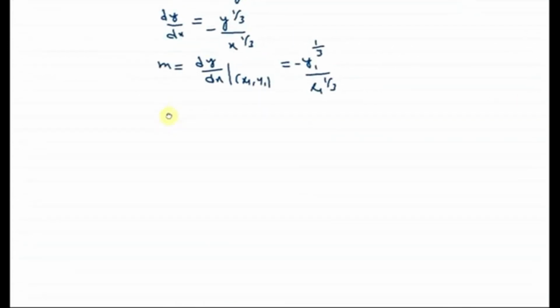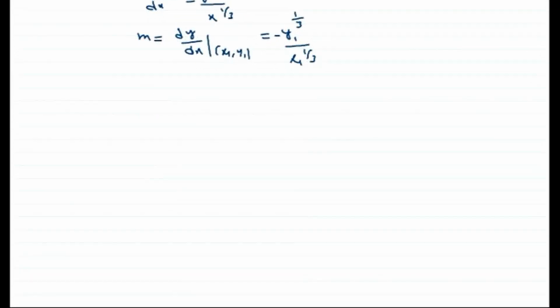Now find the equation of the tangent here. On substitution, in y minus y1 is equal to m, that is minus y1 to the power of 1 by 3 divided by x1 to the power of 1 by 3 into (x minus x1).